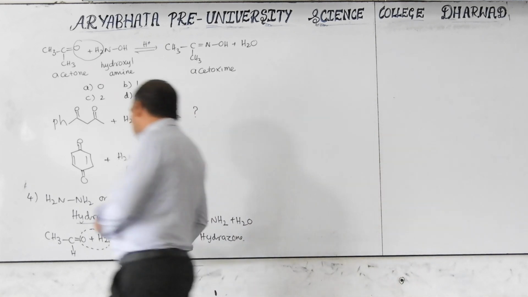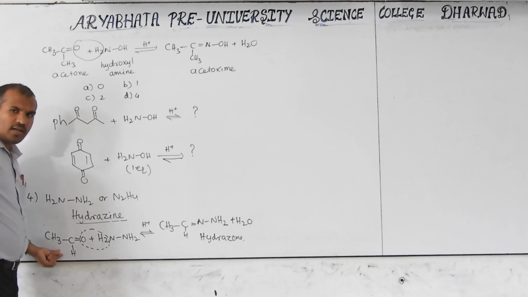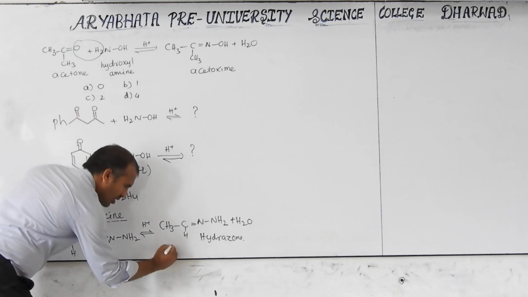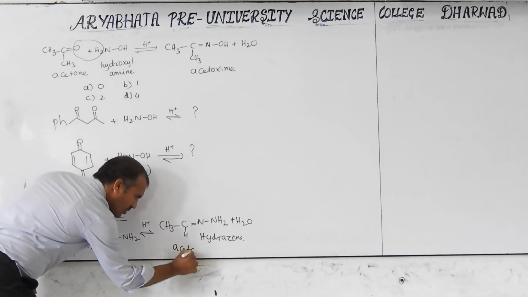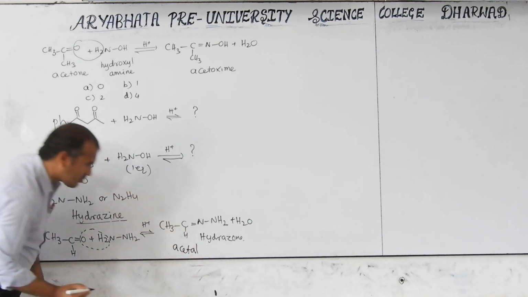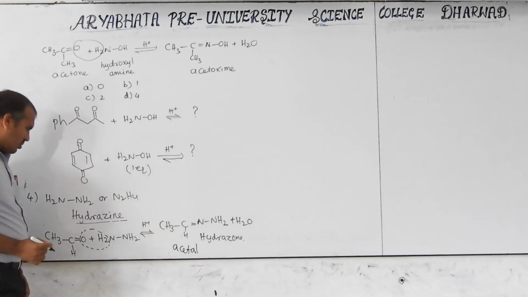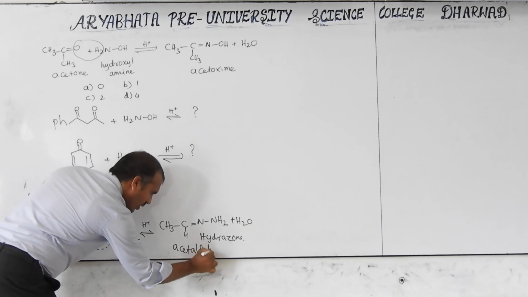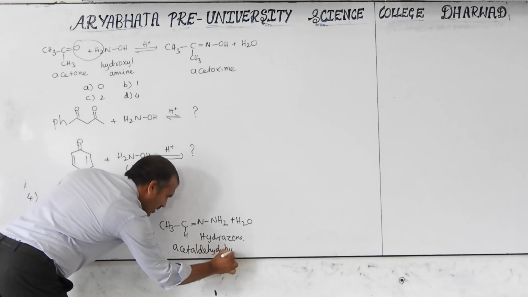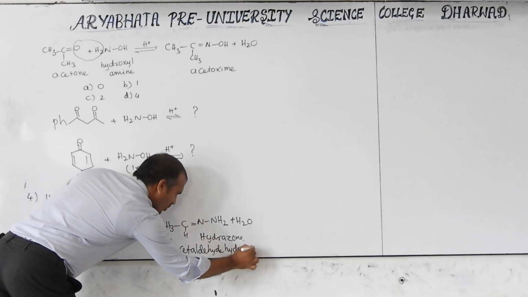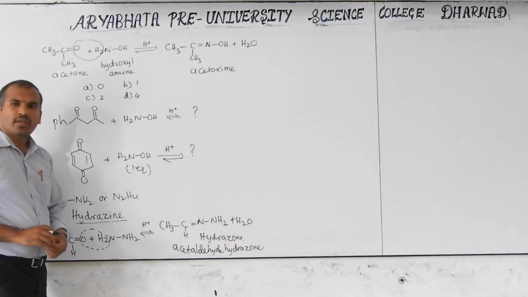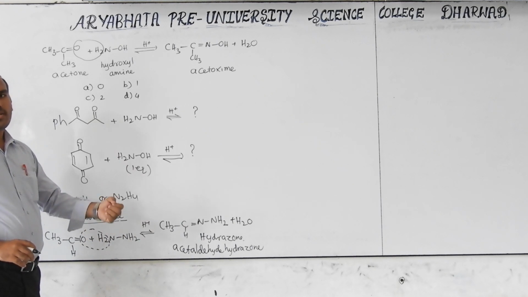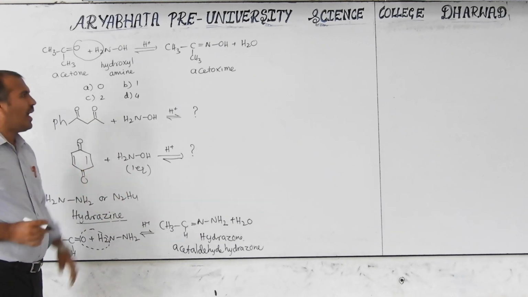Now which aldehyde will be here? Acetaldehyde. Then it is acetaldehyde hydrazone. If acetone is taken, acetone hydrazone. Same, we have to add the two names.